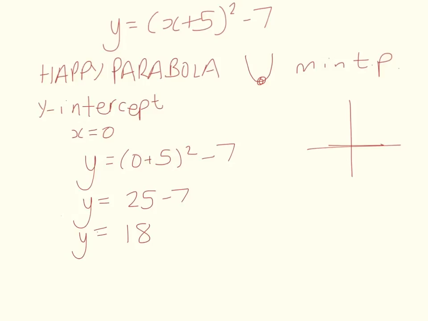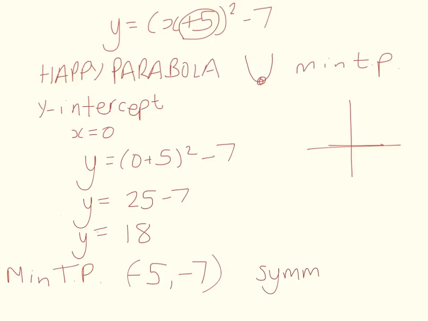Step 3 is we need to state the coordinates of the turning point. So it's going to be a minimum turning point, and the minimum turning point is the negative of this, so it will be (-5, -7), and it is symmetrical about that x coordinate.